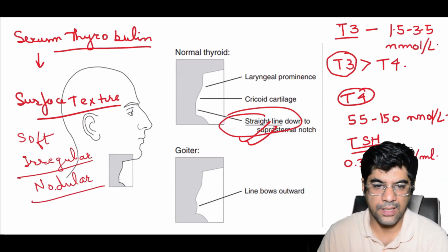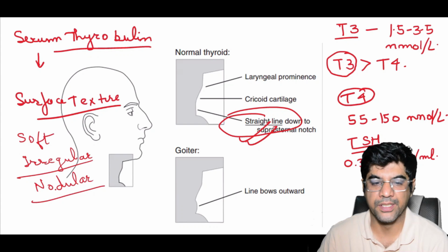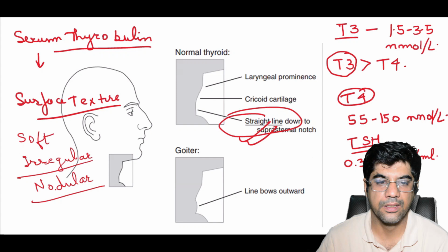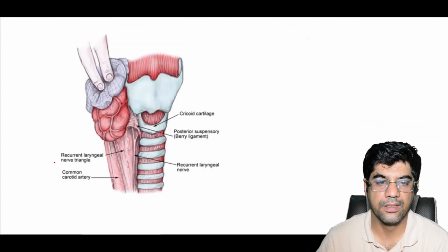The thyroid swelling generally moves upward with the deglutition. We know the thyroid is surrounded by the pretracheal fascia, which forms a ligament that is known as ligament of Berry. So this ligament is attached above to the cricoid cartilage.